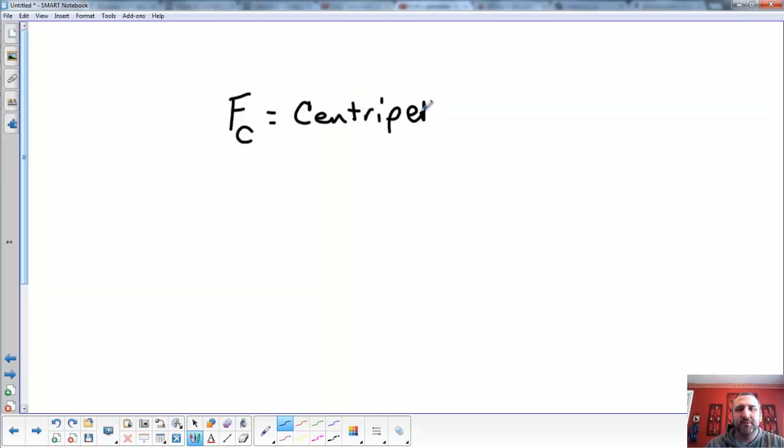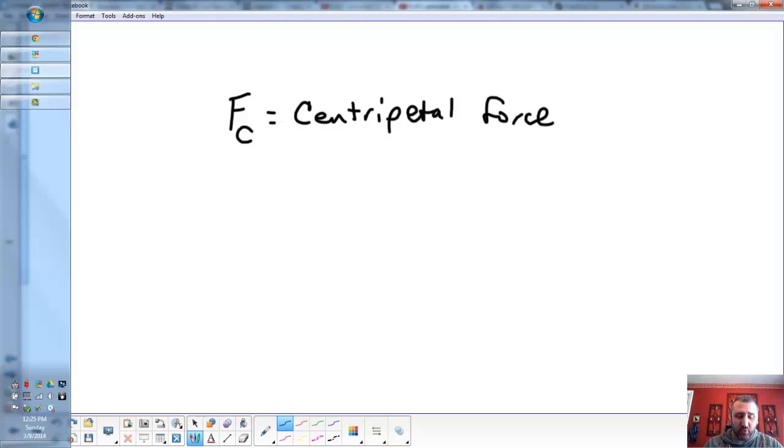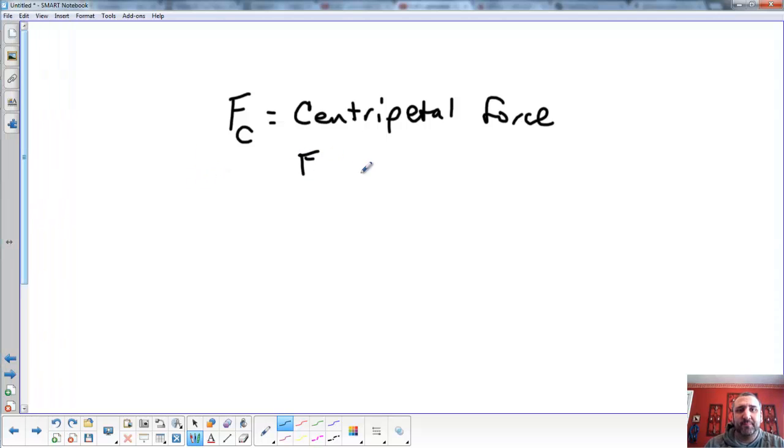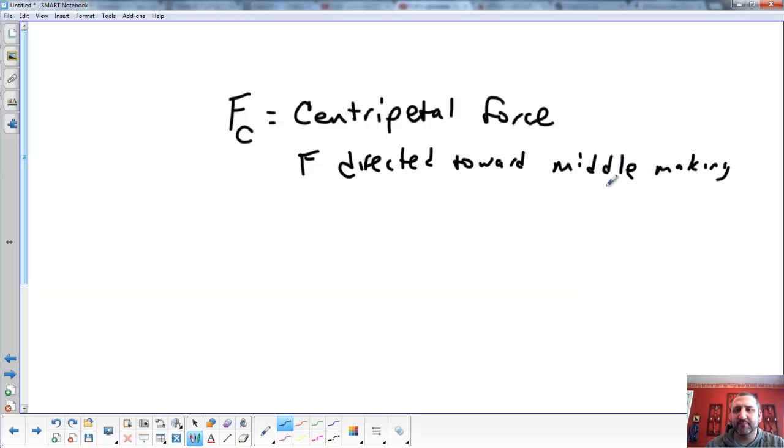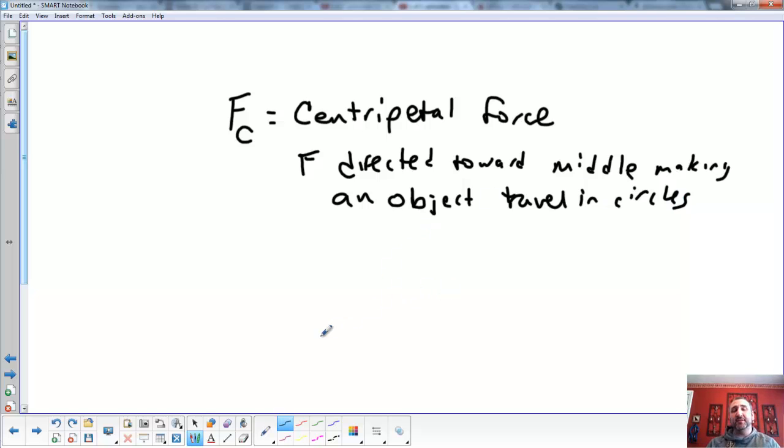And for you definition people out there, it is simply any force directed towards the middle, making an object travel in a circle. Okay?